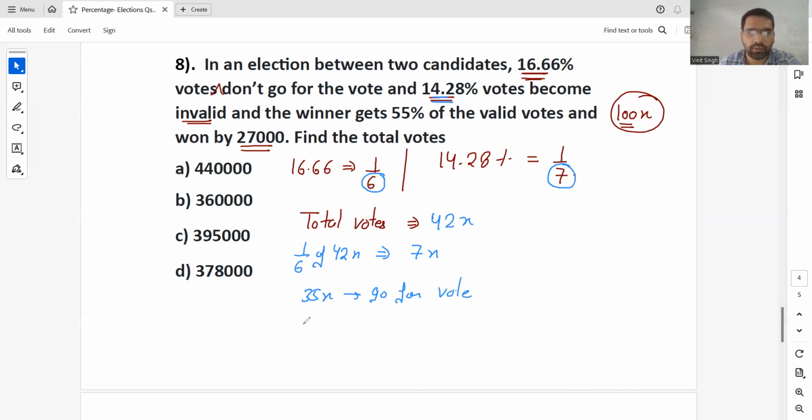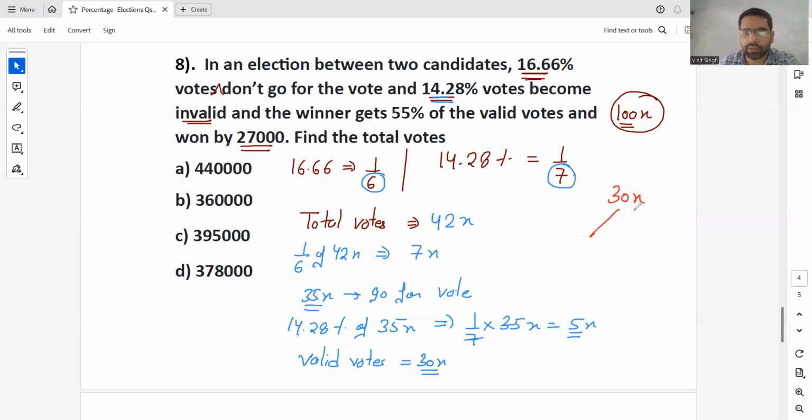Invalid is 1 by 7 of 35x, which is 5x. So go for the vote is 35x and invalid 5x. Valid votes become 35x minus 5x, 30x. So 30x is our valid votes.